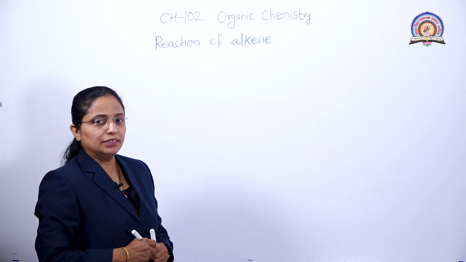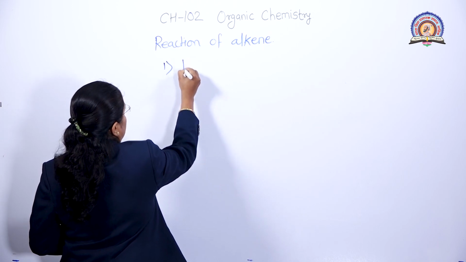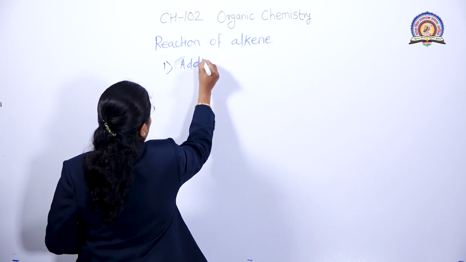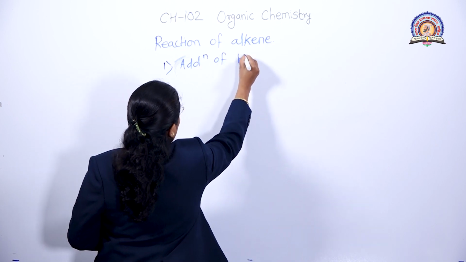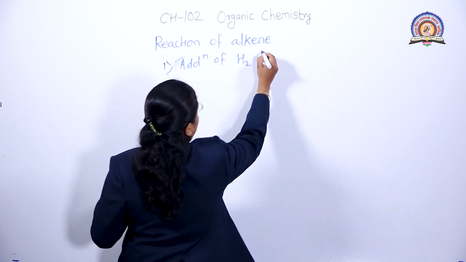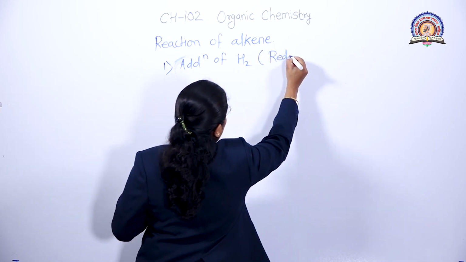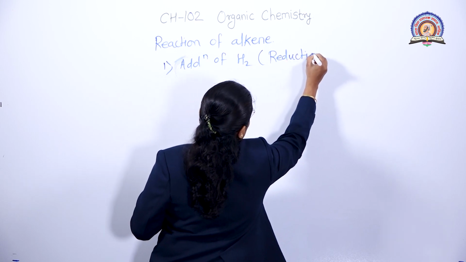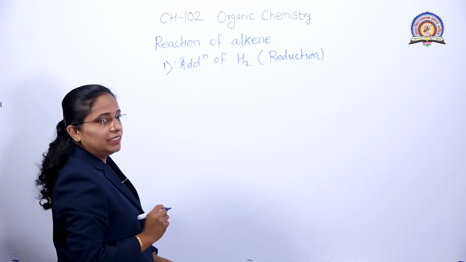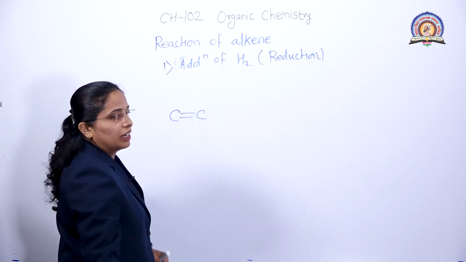So the first type is addition of H2. The other name for addition of H2 reaction is reduction reaction, so you have to remember that. We know that alkenes are carbon having a double bond with another carbon.